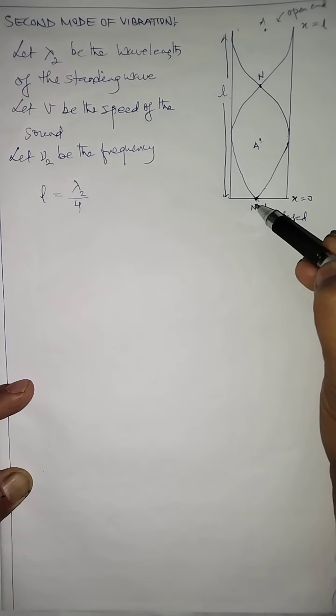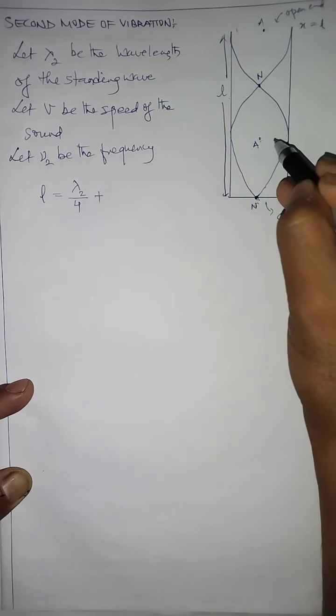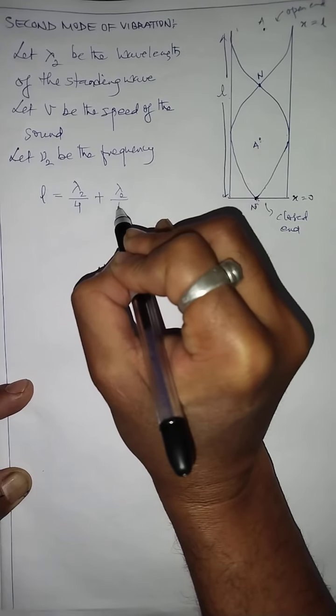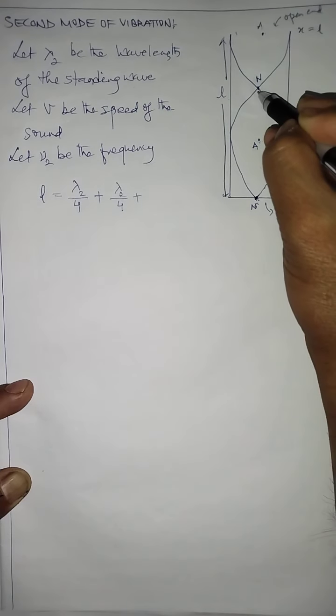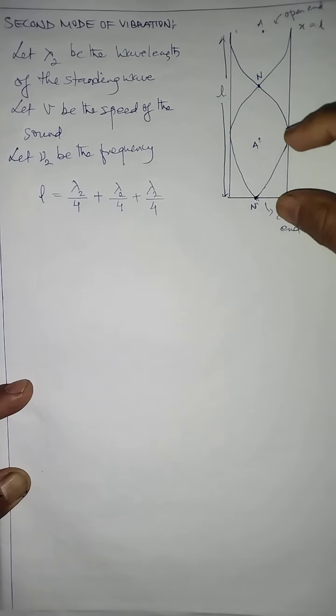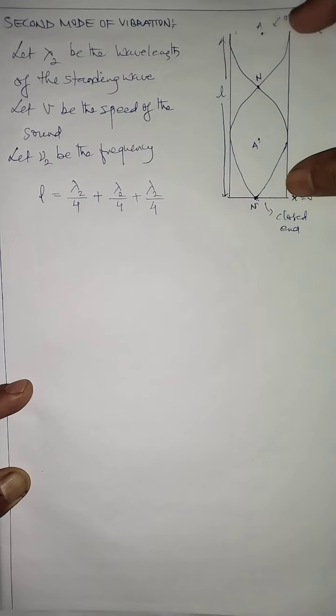So the distance between node and antinode is lambda 2 by 4, plus again the distance from this node to antinode is also lambda 2 by 4, plus again this node and antinode distance is lambda 2 by 4. So I have added the distance between node and antinode three times. That distance equals L.